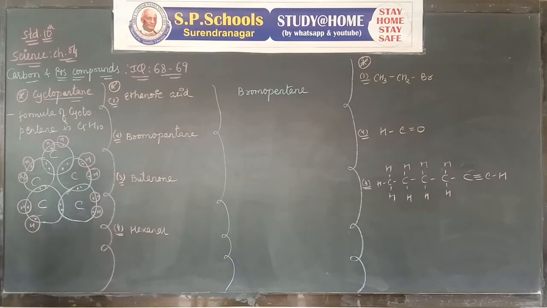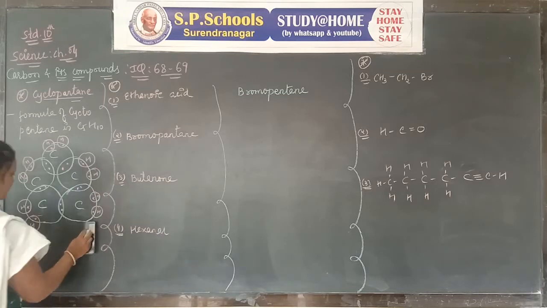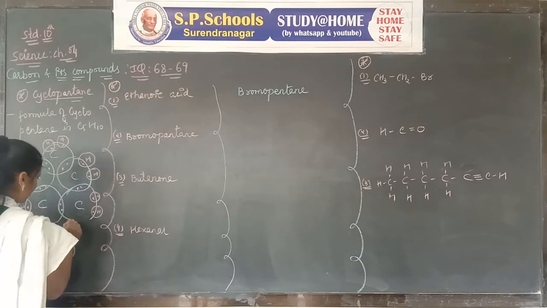Here is the electron dot structure of cyclopentane. We draw it something like a ring.